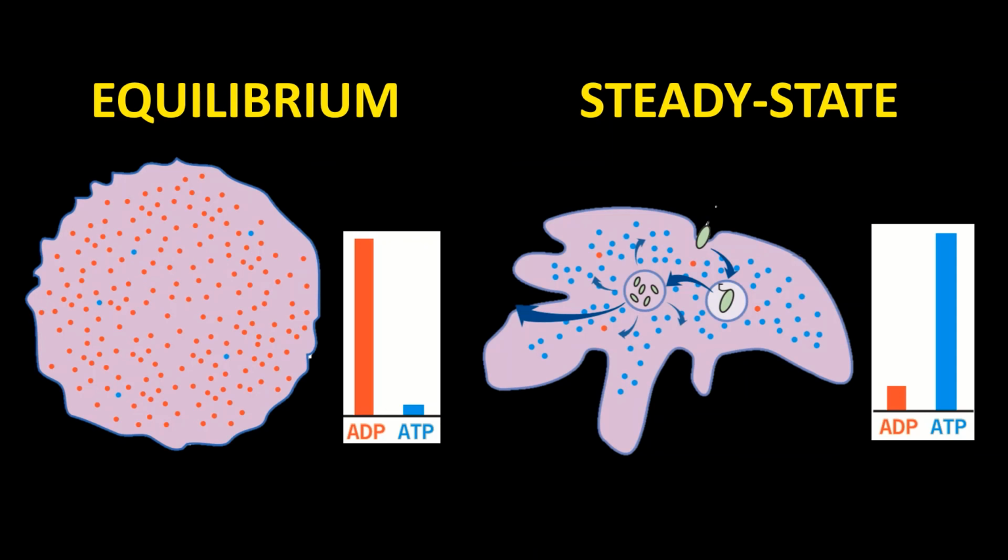As you can see on the graph on the right, in a steady state cell, the amount of ATP is constantly being replenished so that it's so much higher than ADP. So there is no equilibrium here, and the cell is able to do a lot of work because there's more ATP than ADP. So this is what we want our cells to be in, steady state.